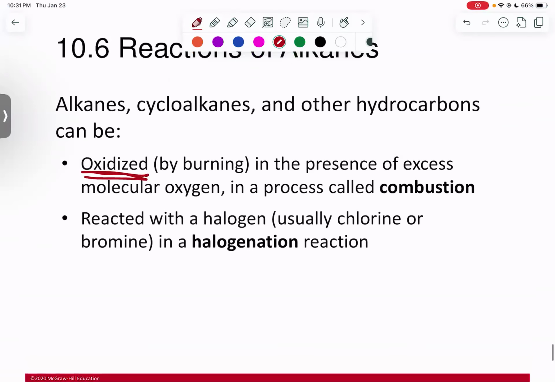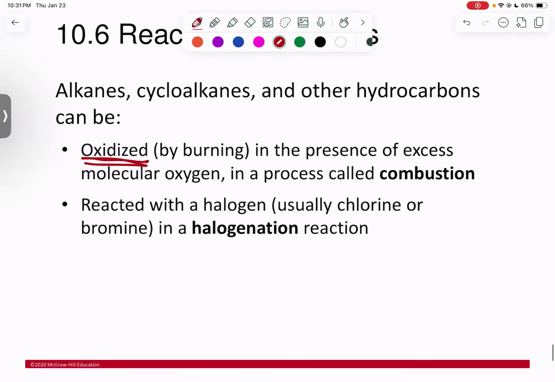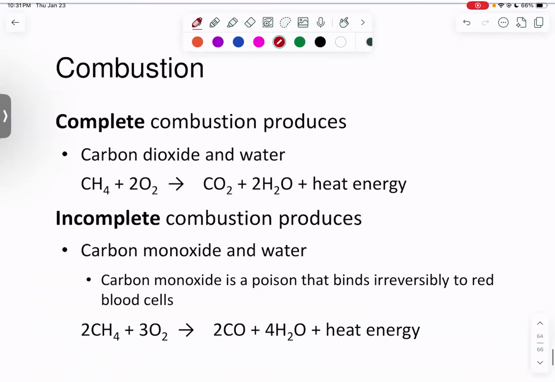You can also react alkanes with halogens, usually chlorine and bromine, and we call that halogenation. All you do is basically replace a hydrogen with a halogen, so it's pretty easy. There are two different kinds of combustion.